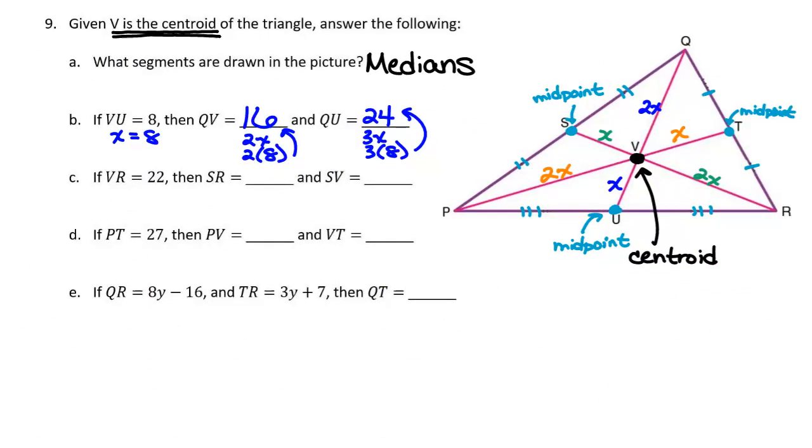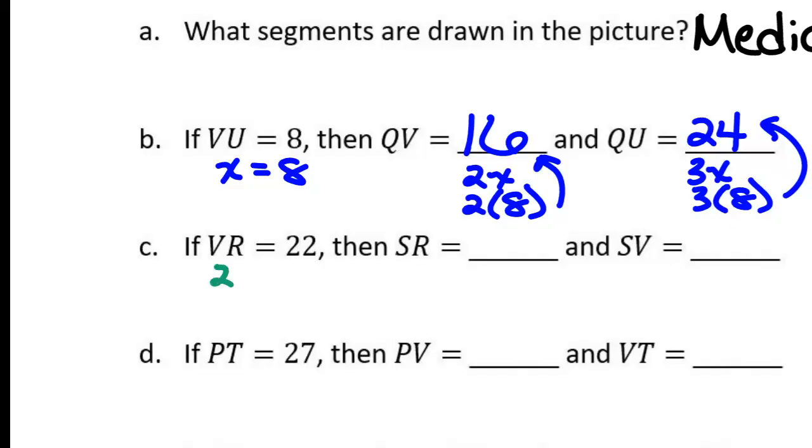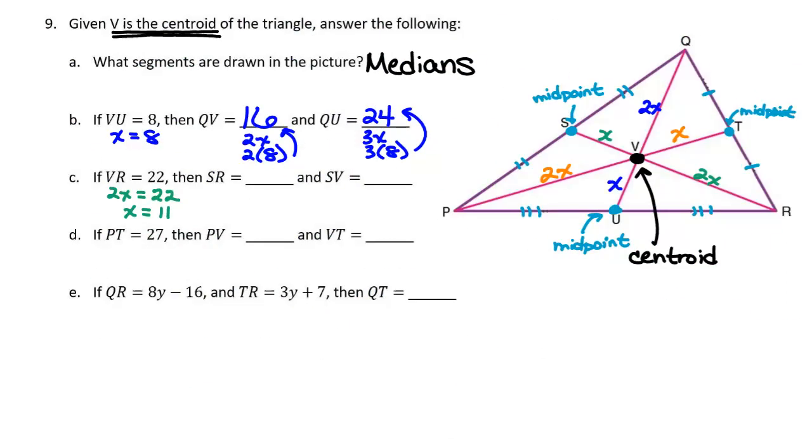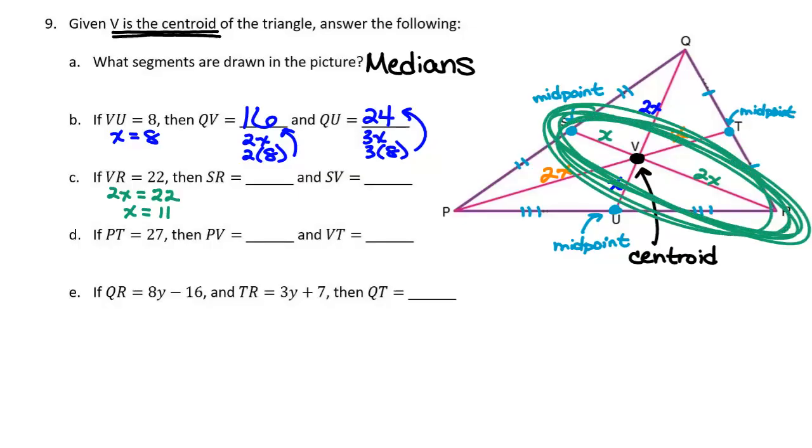All right, then it says that VR is 22. VR is this right here. X, 2x, or 3x? 2x. Well, if 2x is 22, then how big is x? 11, yes. So then this segment right here would be how much? 3x.